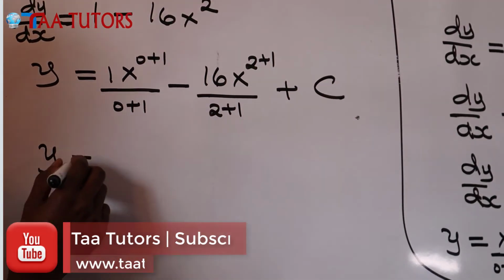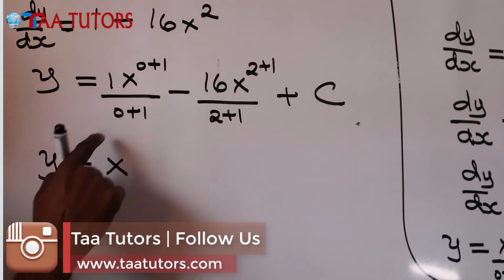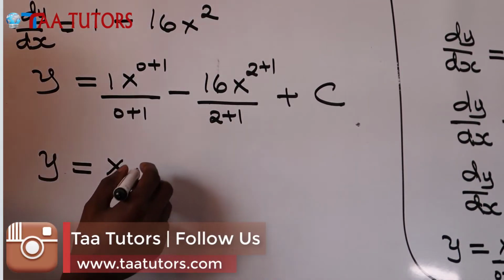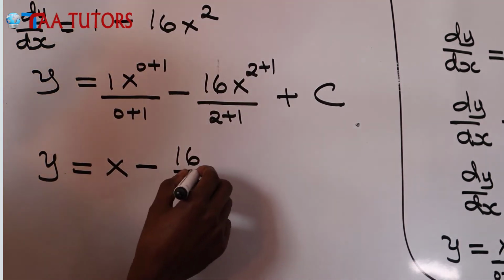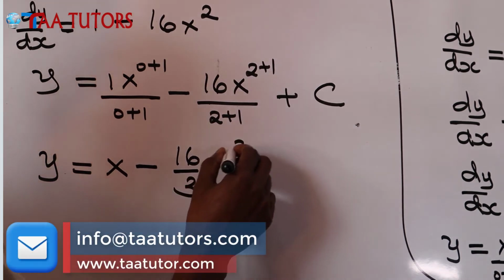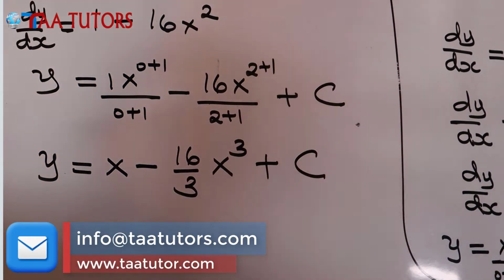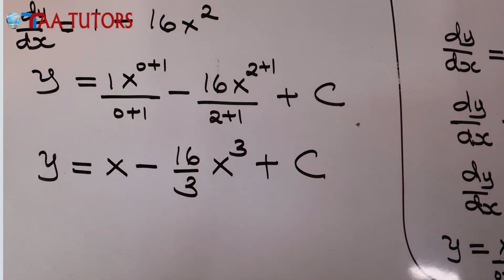So y in this case will be x, because this is x power 1, so 1 divided by 1 is 1, minus 16 over 3 x power 3, then finally plus c. That is what we are supposed to get in that particular case.